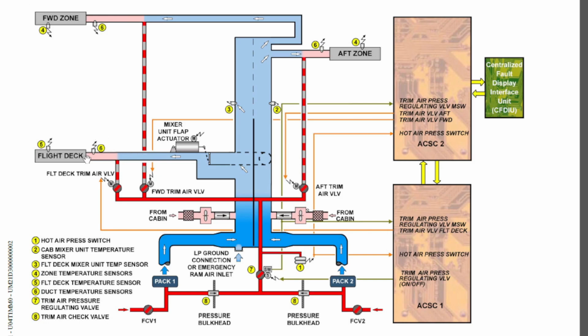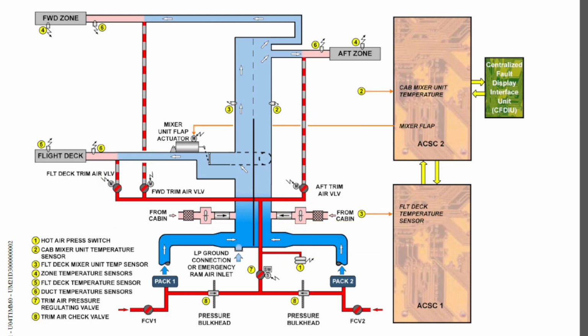If any temperature sensor reaches 88 degrees Celsius, this trim air pressure regulating valve will be controlled to close, and you will get the fault light in the cockpit, and you can select it off. But automatically, when the duct temperature reaches 88 degrees Celsius, the valve will close because of the position disagreement.